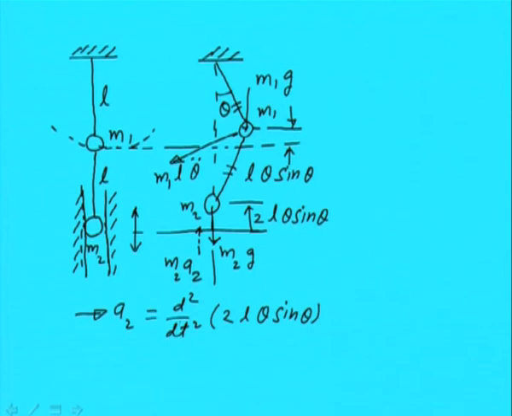So we will be neglecting this inertia force. We will only be considering the gravity forces and the inertia force due to this term for calculation of the virtual work done.